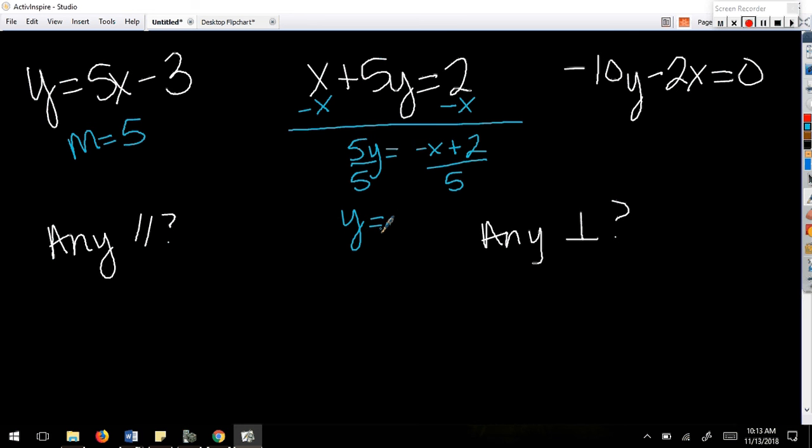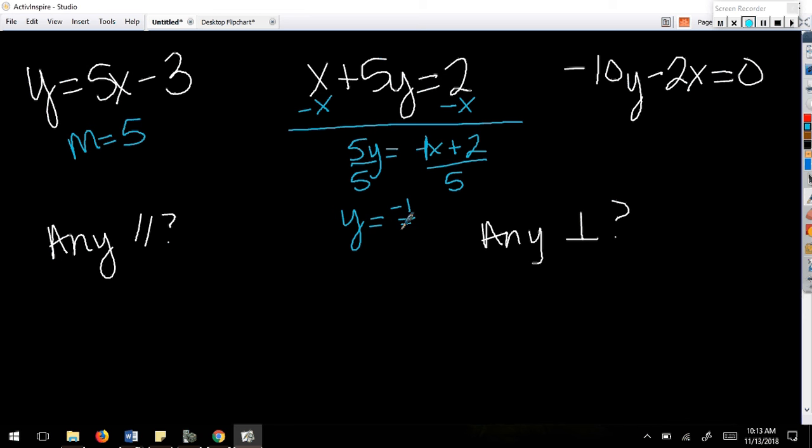You have to be able to look at them and see. We're just seeing if they're parallel. Now, if I ask you what is the slope of the line that is parallel or perpendicular, that's when you do that. But if I just ask you which of these lines are parallel and perpendicular, then you just need to know what the slope is. So here, there's an imaginary 1 in front of x, right?